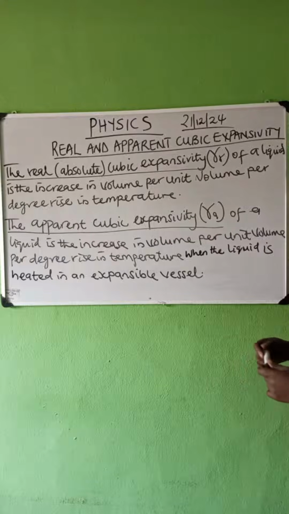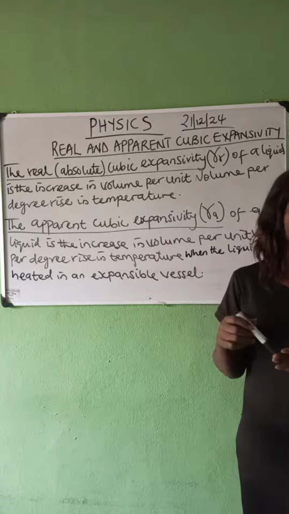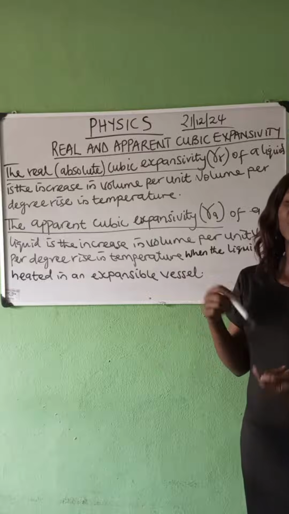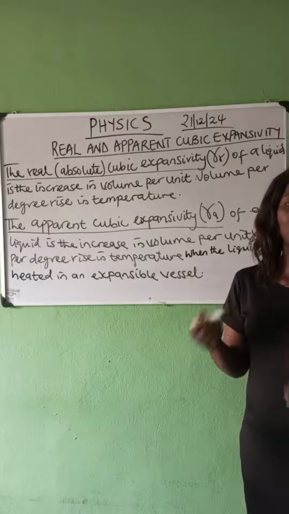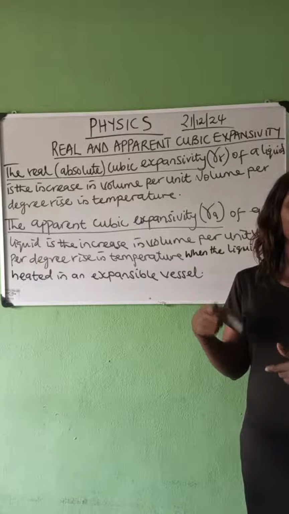So what am I trying to say? If you heat a liquid inside a container and the container is an expansible vessel, the container itself is going to do what? Expand as a result of the heating. Then the liquid inside the container is equally going to expand.